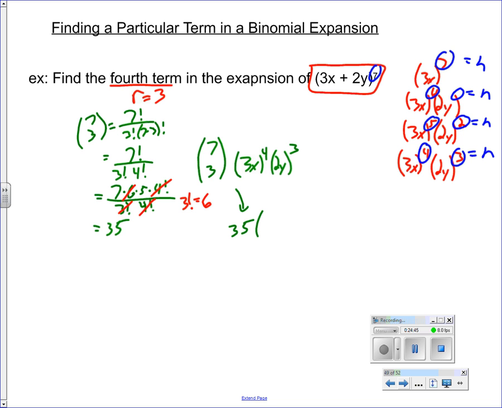So that's 35 times 3x to the 4th, 2y to the 3rd, and we can keep simplifying. 35, 3 to the 4th is 81, and 2 to the 3rd is 8.